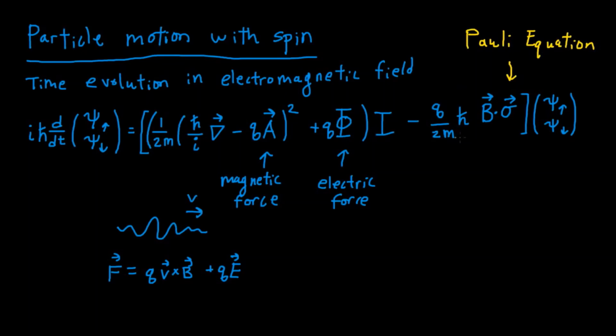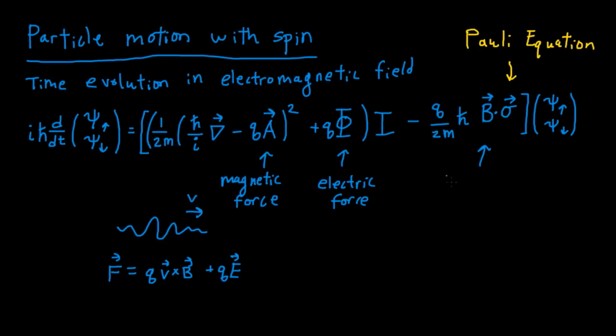Now, there's one final thing I want to talk about, which is this term. Earlier I said this term is responsible for how the spin of the particle changes. But you can also think about this term as giving rise to a force too. Now, what is that force?